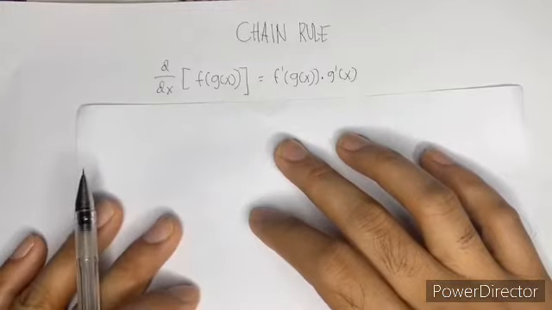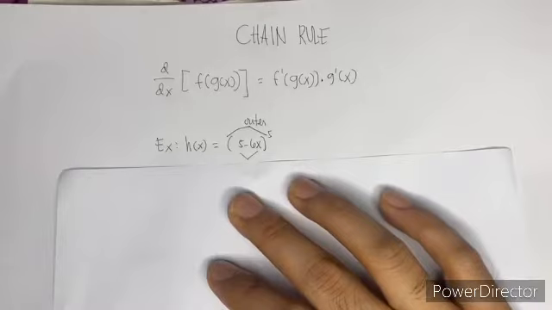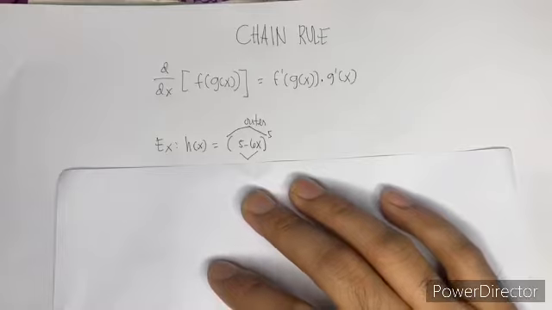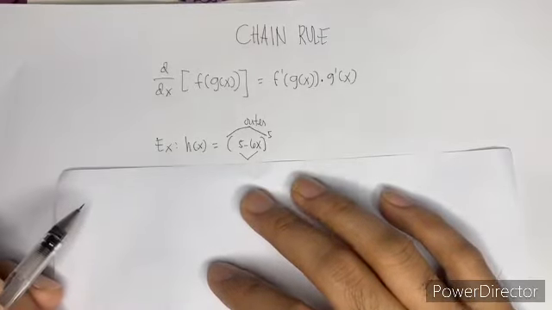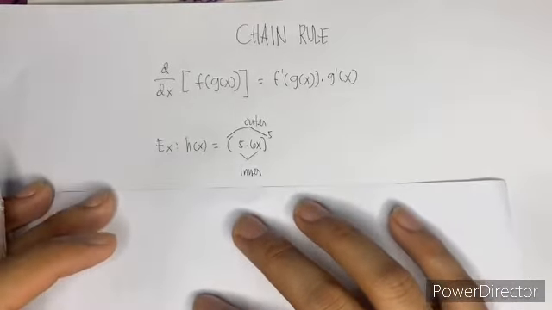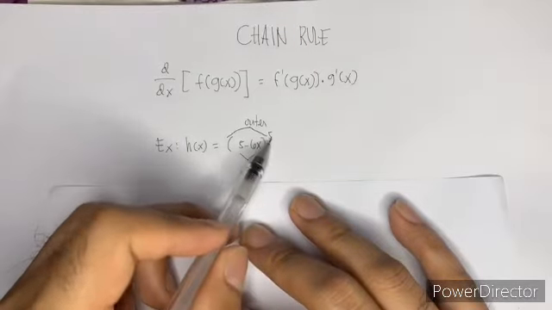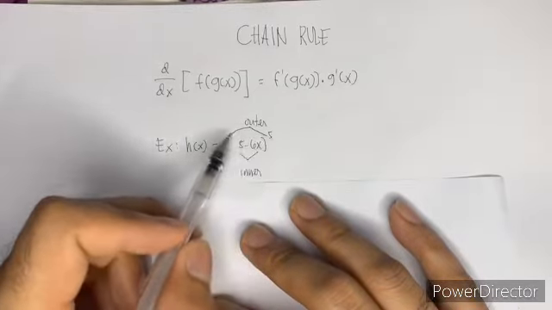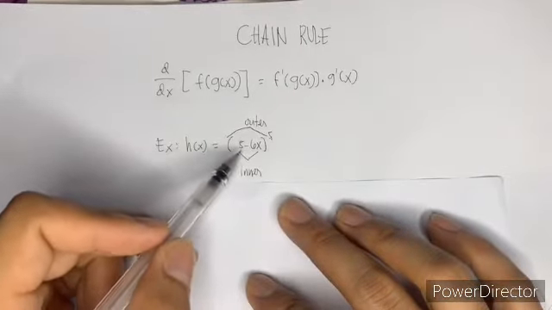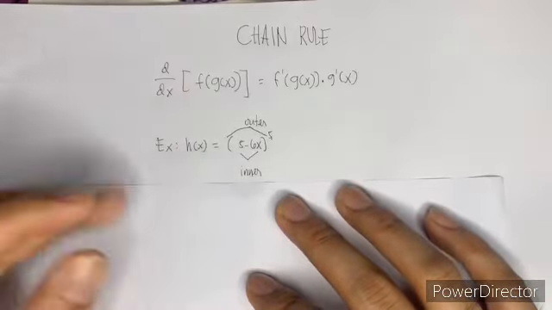For example, h of x is equal to the quantity 5 minus 6x raised to 5. So first, let us determine where the outer and the inner are. So here, this is the outer, the one with the quantity raised to 5, and then our inner, obviously, is what is inside our parentheses, which is 5 minus 6x.